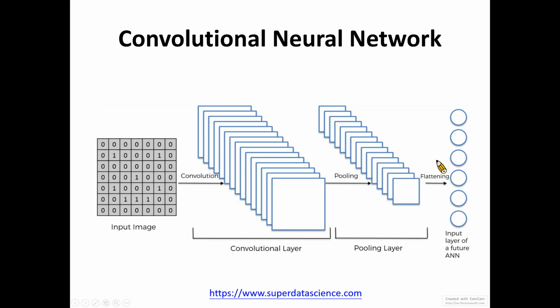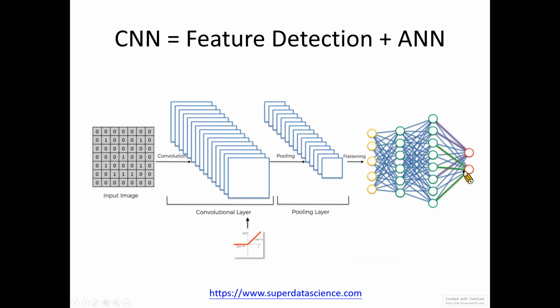So the flattening is actually the final step of the convolutional and pooling layers, and the rest is the same as the artificial neural network, which we have introduced in the previous part of the course.